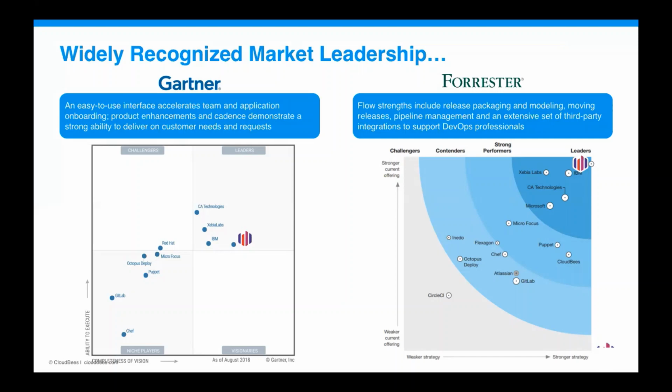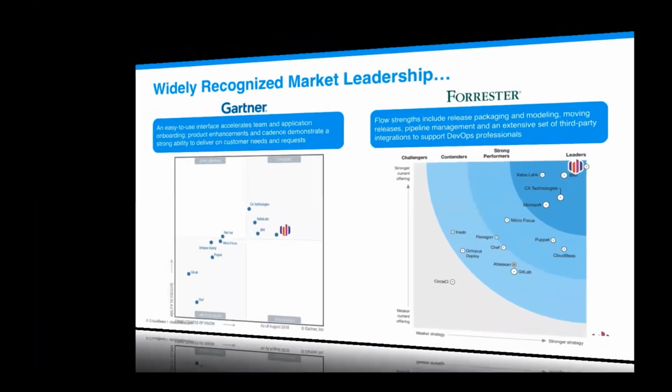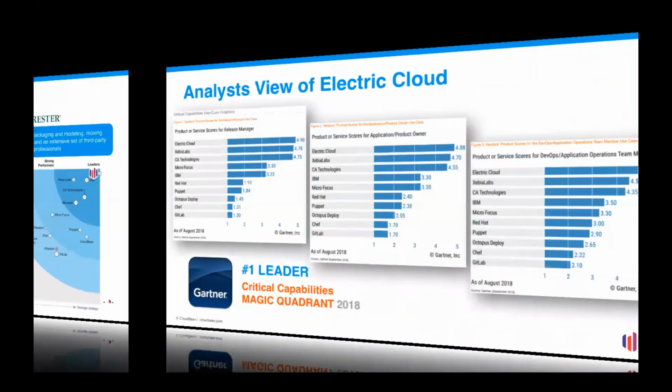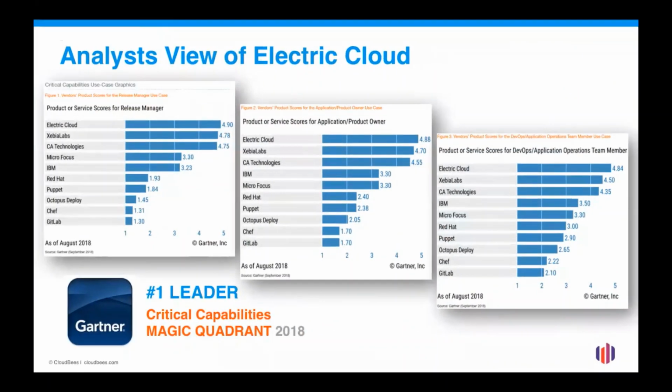And if we dig a little bit deeper, because I find it interesting, who is using these solutions? You have several profiles, and whatever the profile, whatever the role, the release manager, the product owner, the operation team, Flow has the best grade according to Gartner.